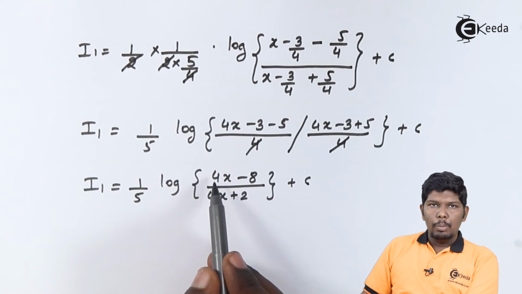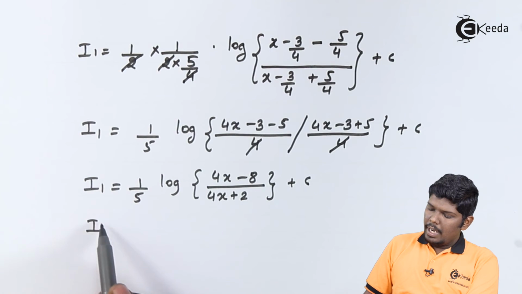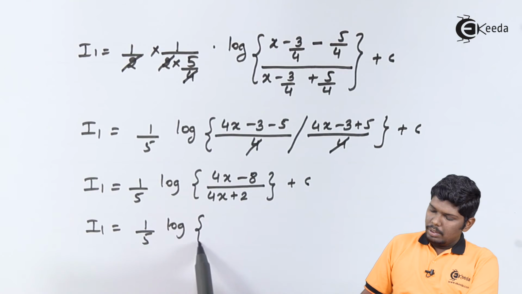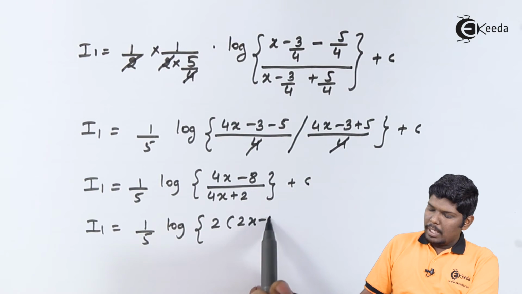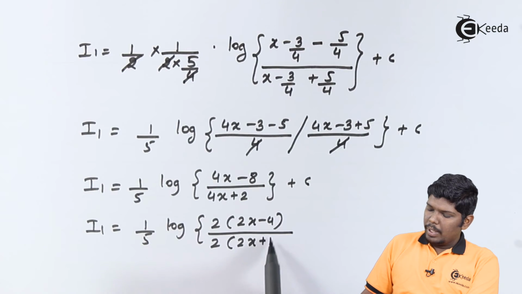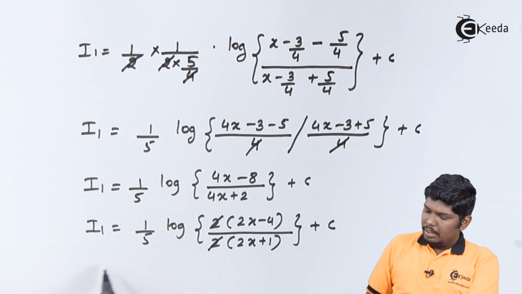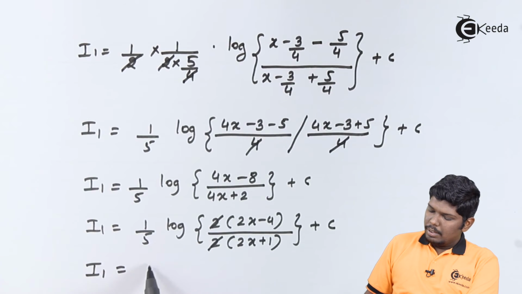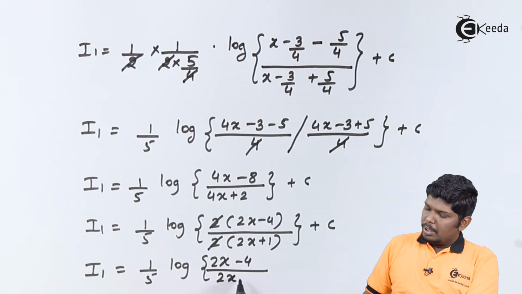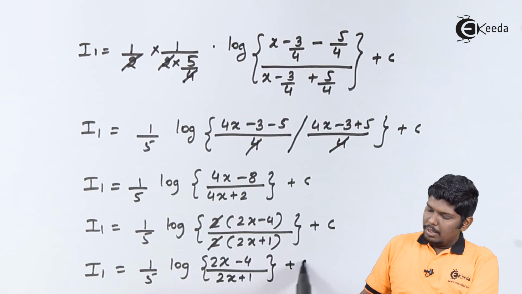Taking 2 common in the numerator and denominator, we can write I1 as 1 upon 5 log 2 into 2x minus 4 upon 2 into 2x plus 1 plus c. Here 2 will be cancelled and I1 becomes 1 upon 5 log 2x minus 4 upon 2x plus 1 plus c.